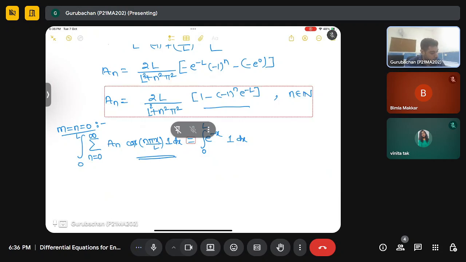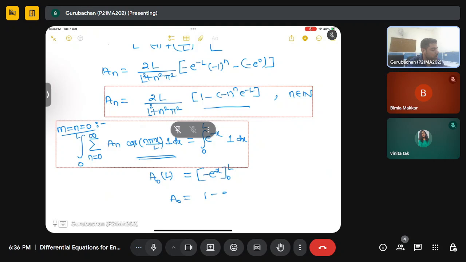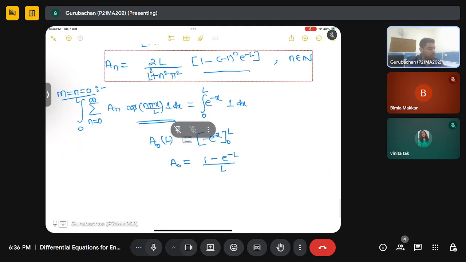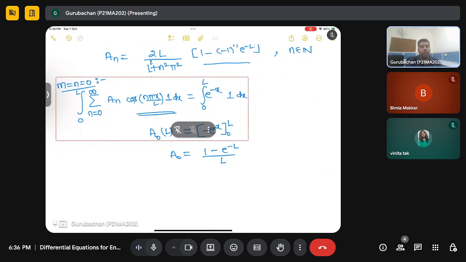So this will give you a_n into L, which will be equal to a naught into L, since this integral exists only when n is 0, and this will be minus e to the power minus x from 0 to L. So this will be 1 minus e to the power minus L divided by L. So from here you got the value of a naught.